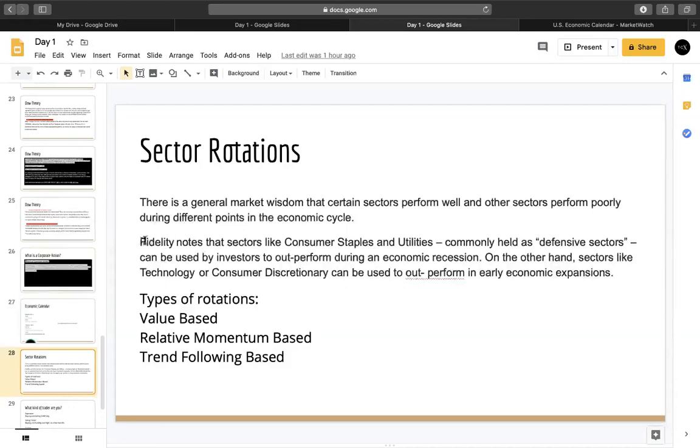Fidelity notes that sectors like consumer staples and utilities, commonly held as defensive sectors, can be used by investors to outperform during an economic recession. Now, think of it like this. Would you, let me give an example.